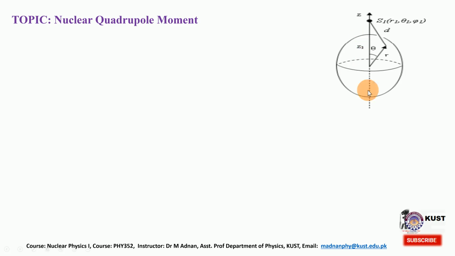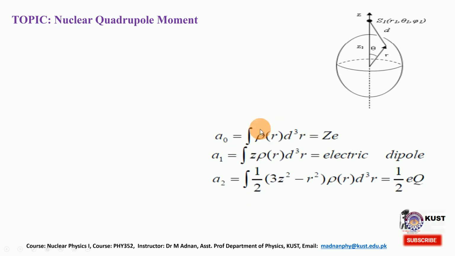As I have discussed the expression for a spherical charge distribution, suppose that the nuclear charge has a cylindrical symmetry about an axis along the nuclear spin, and these are the various coefficients of that expression for the potential, such that I have discussed that this is the monopole, the dipole, and the quadrupole, and we will be focusing on this.